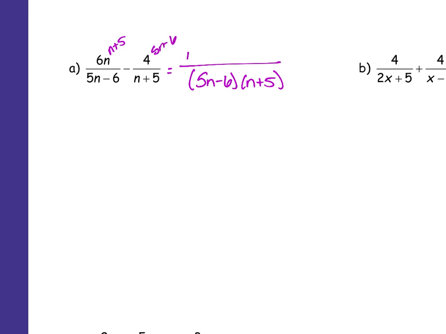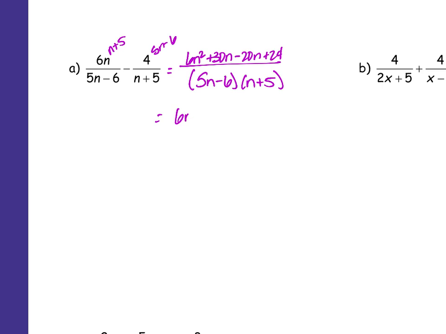So I get 6n squared plus 30n minus 20. Minus 20n. Is that not what I got? Oh, no, because I can't subtract. That's what I did wrong. Okay. And then plus 24.